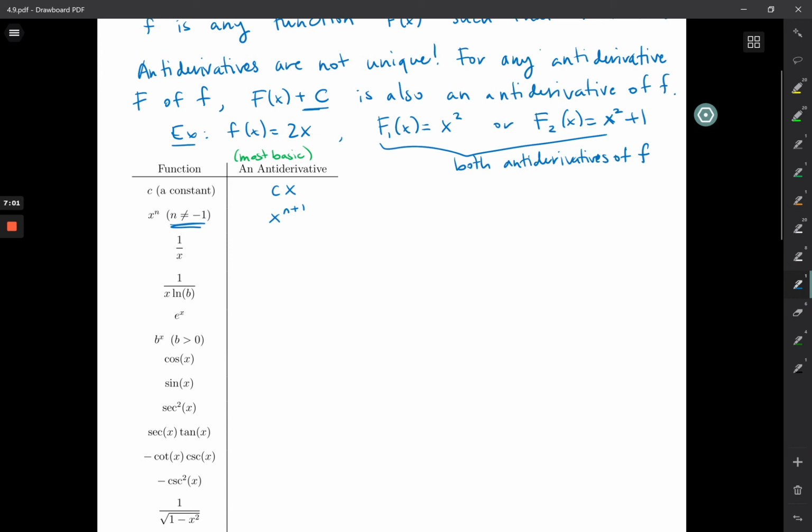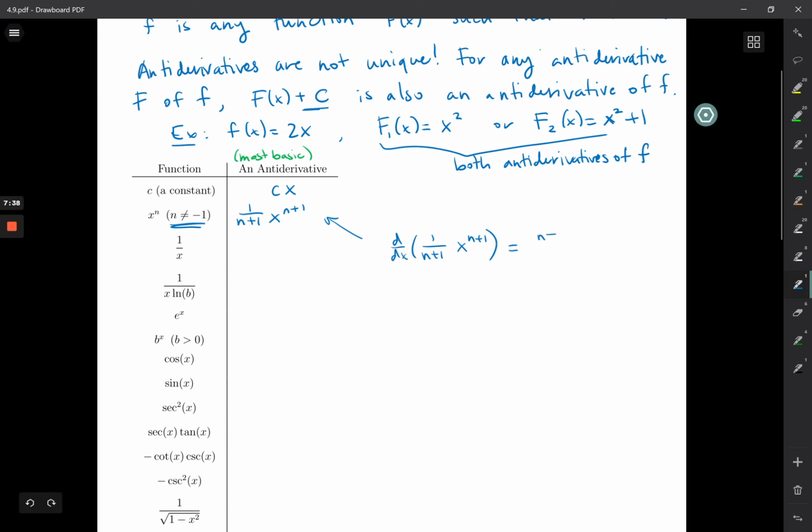We have to cancel that constant, so we have to also multiply this by 1 over n plus 1. Okay, so this is our antiderivative in this case. So you can just think of this as we add 1 to the exponent and divide by that new exponent. If you take the derivative, you can double check that this actually is an antiderivative of x to the n.